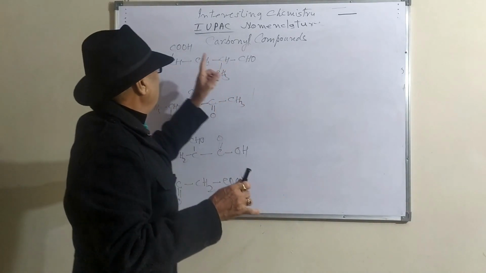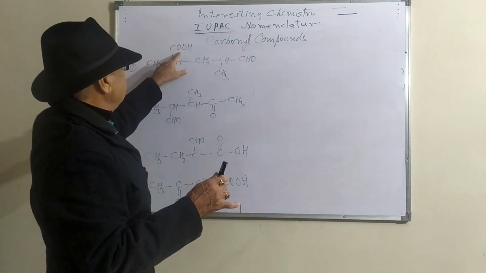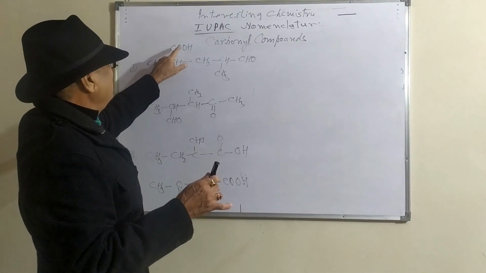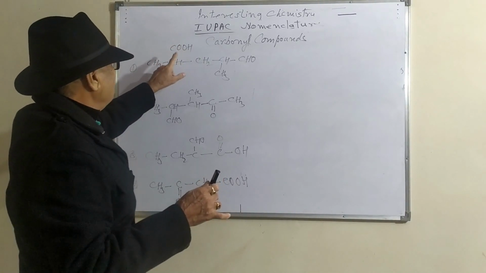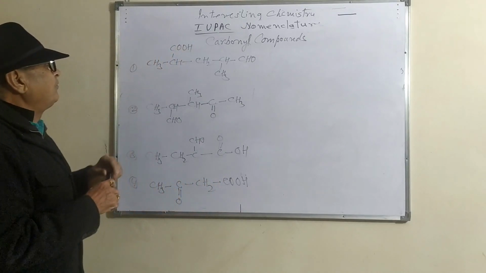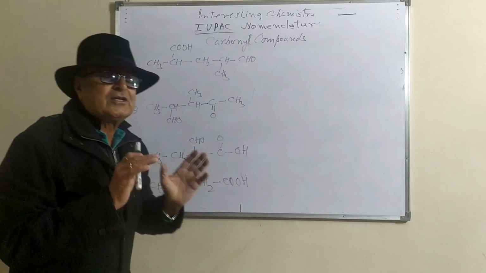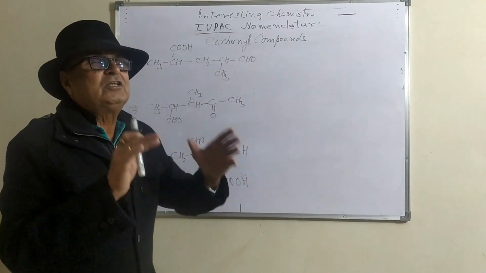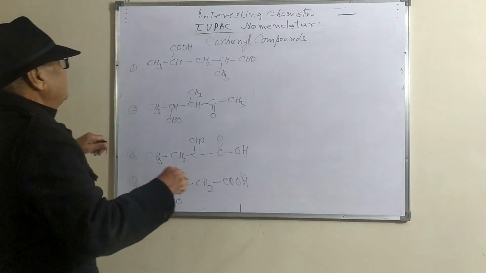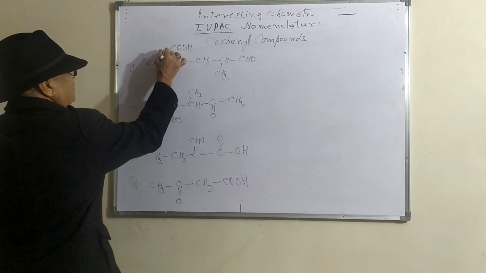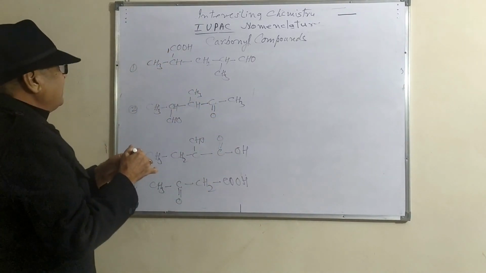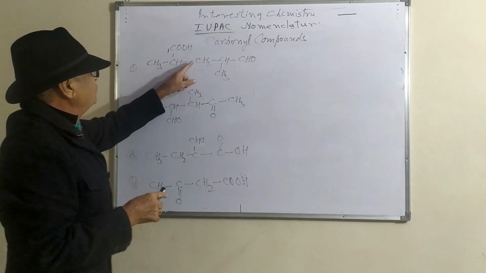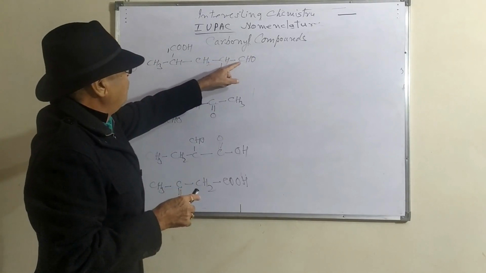So this COOH will be preferred for the selection of the main compound after selecting the longest chain. We start numbering from this one as number 1, then select the longest chain 1, 2, 3, 4 and 5.